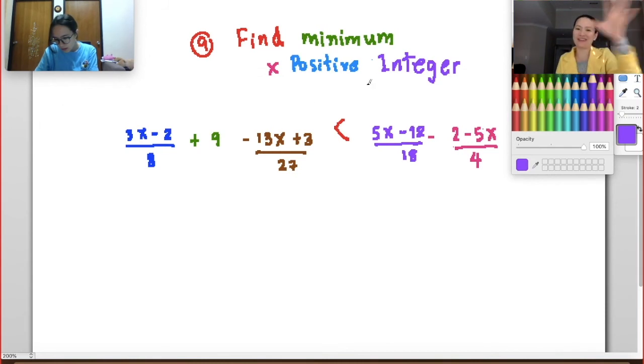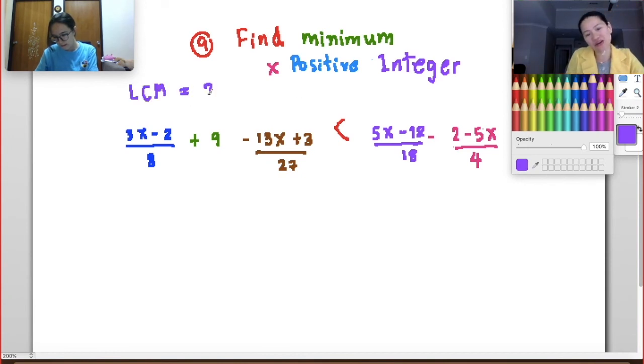You see here is the whole equation: 3x minus 2 over 8, I put every term in a different color, plus 9 minus 13x plus 3 over 27, less than 5x minus 12 over 18 minus 2 minus 5x over 4. We found that LCM equals 216.